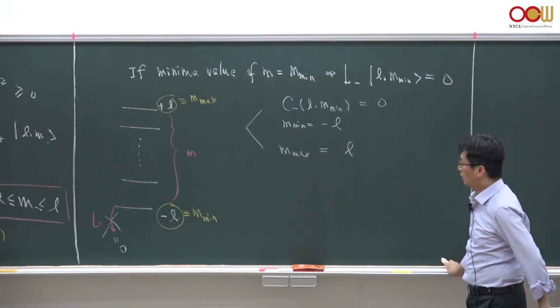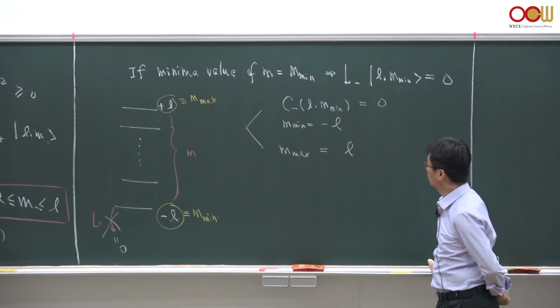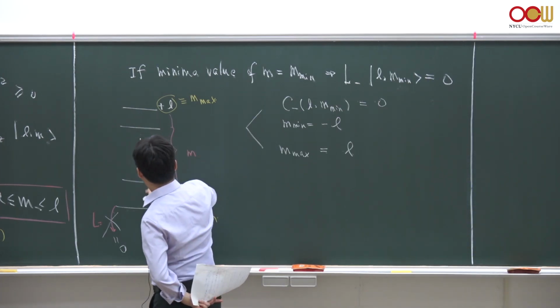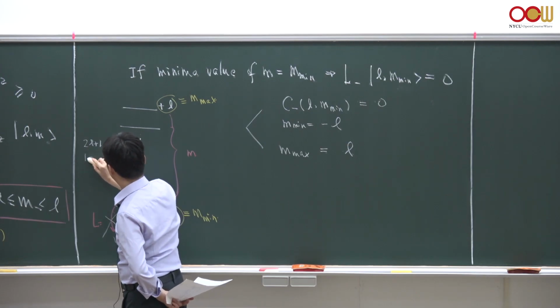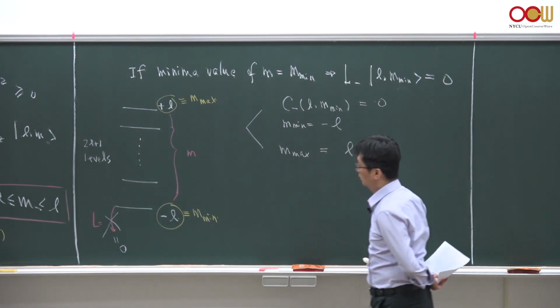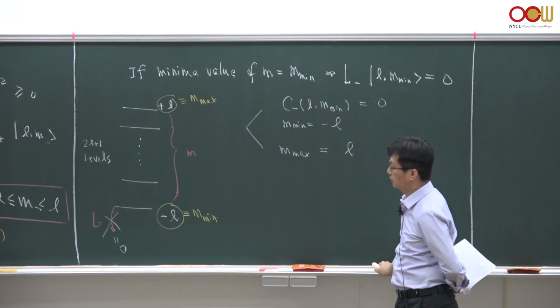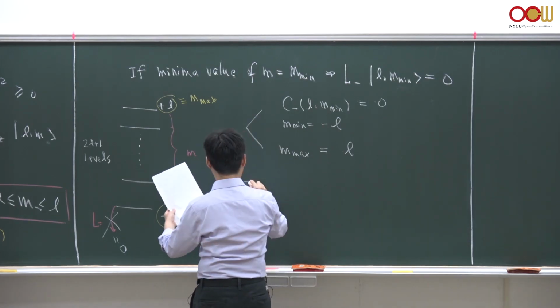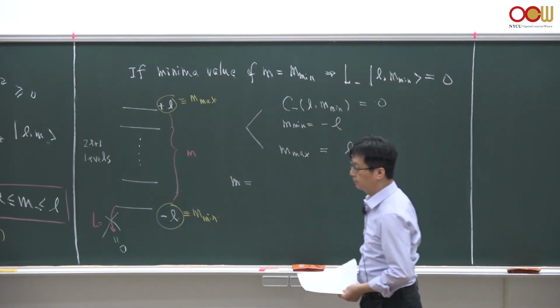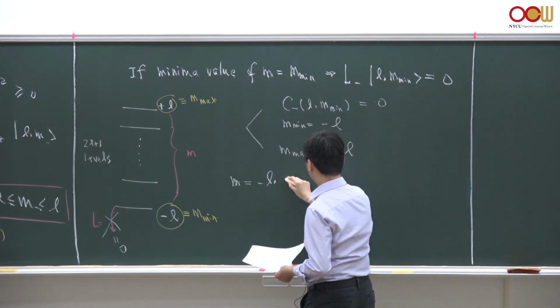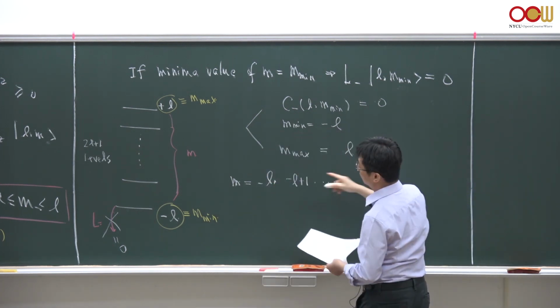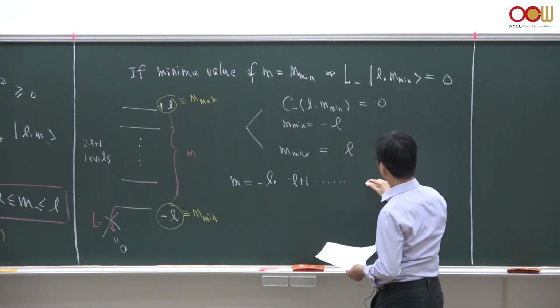Okay, so now we get a more complete picture because we know how many floors there are. So there are 2L plus 1 levels. M could be any one of them. So we could assign the minimum value of m to be minus L. And the next one will be minus L plus 1. Go all the way to the top level.